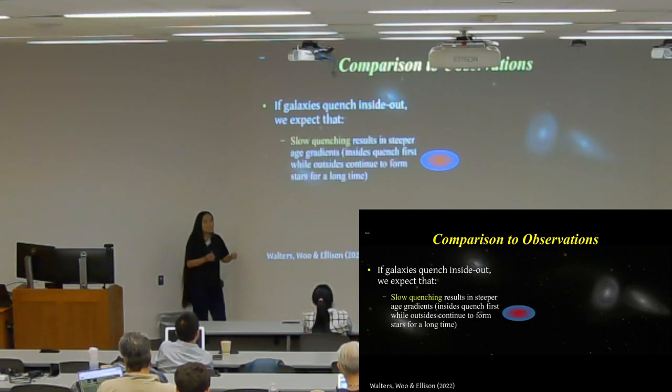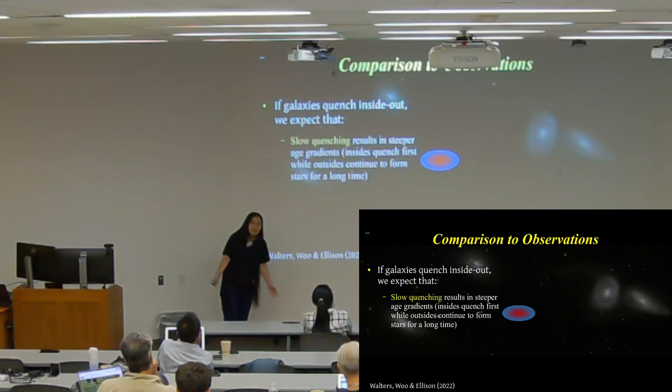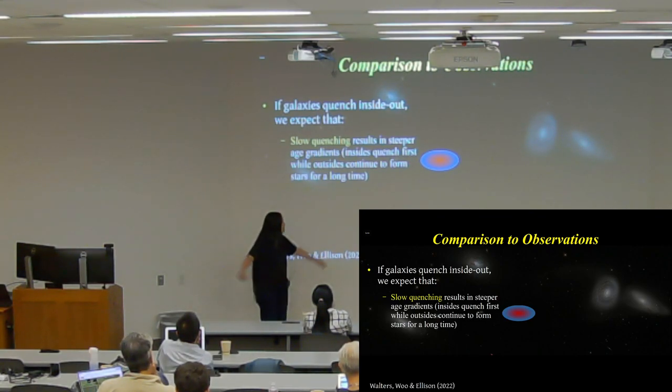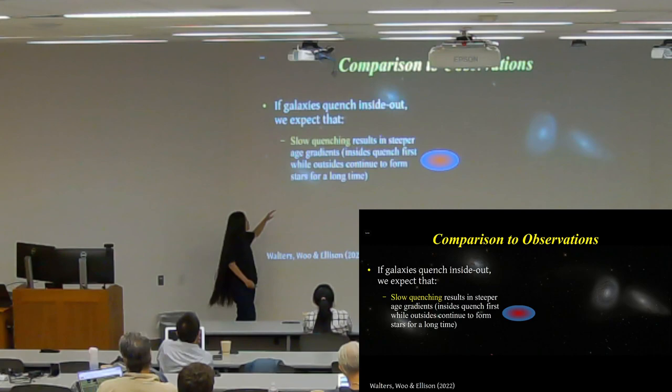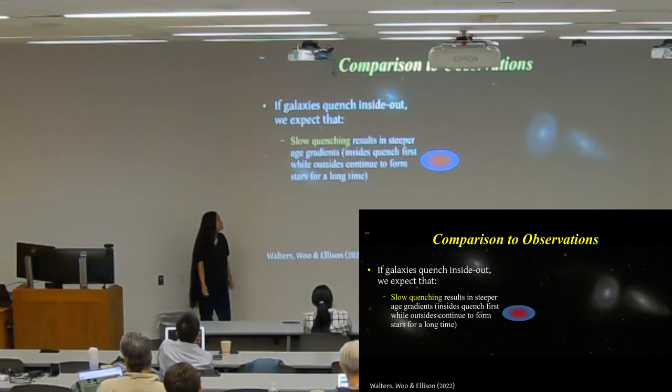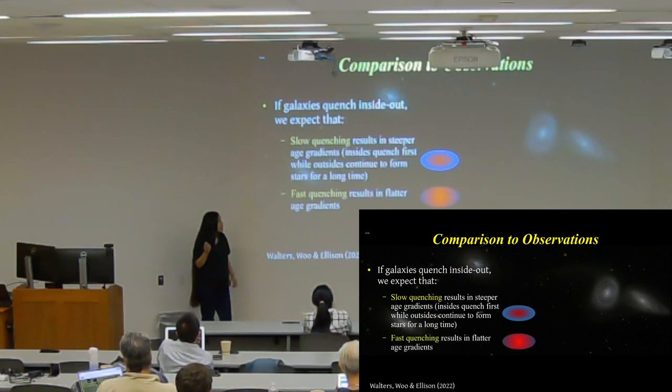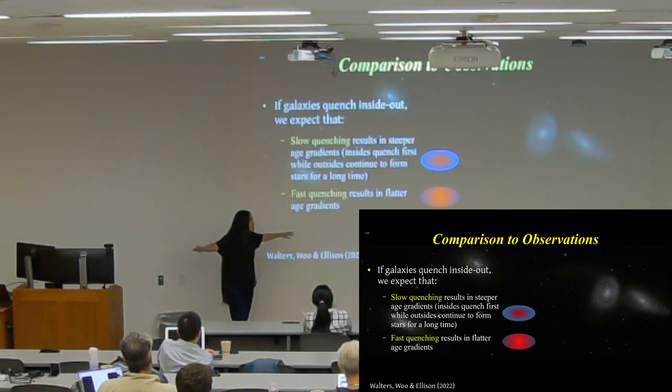We expect that if you're quenching slowly, and you're quenching inside out slowly, then you should have older centers and younger outsides. So you should have steeper age gradients. Whereas if you're quenching quickly inside out, then your whole age gradient should be flatter.